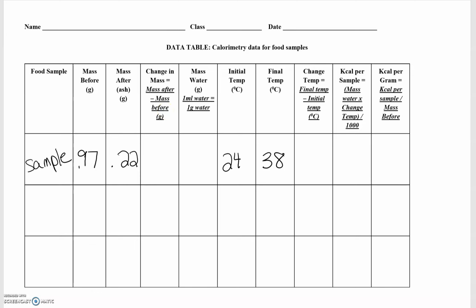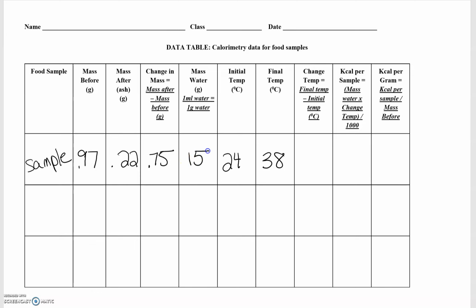So we're going to take 0.97 minus 0.22, and that equals 0.75, which is the change in mass for this particular food. Then we have to look at what the mass of the water was. In our experiment, every time I used 15 milliliters of water, and 1 milliliter of water is equal to 1 gram of water.